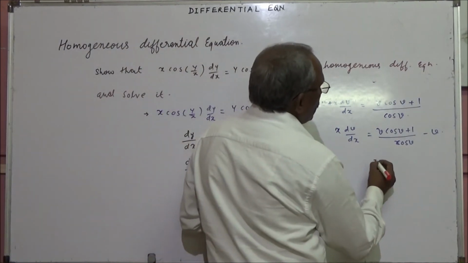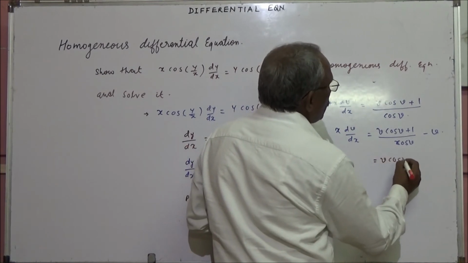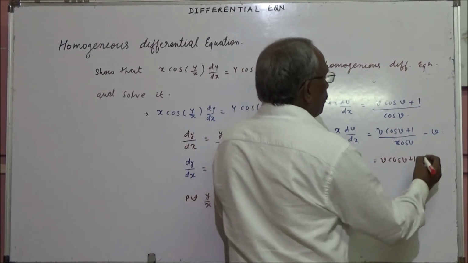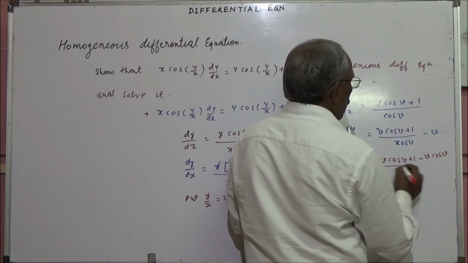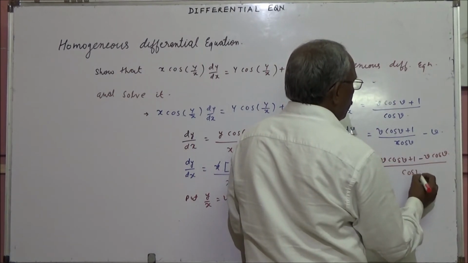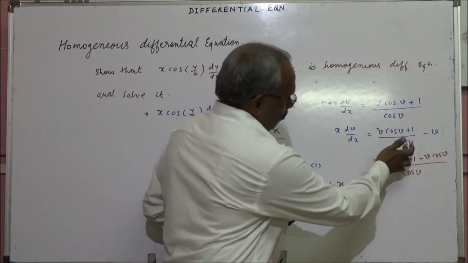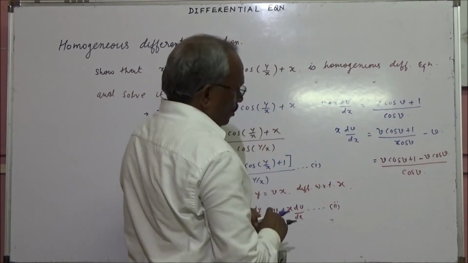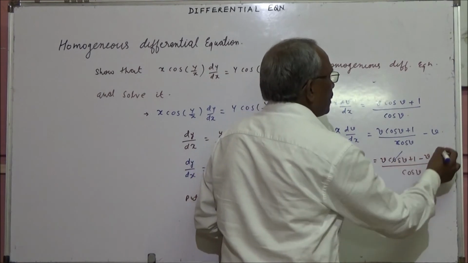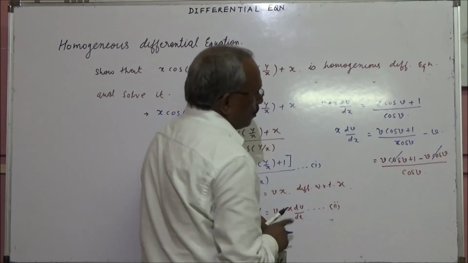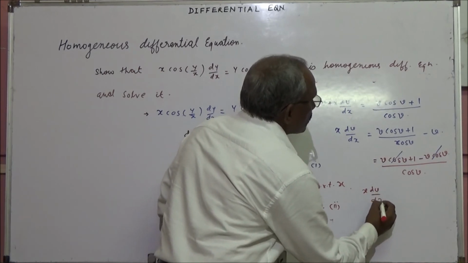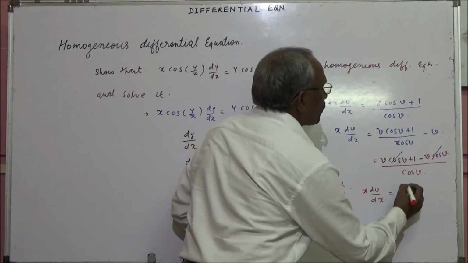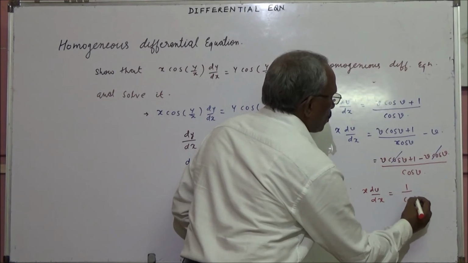So this can be written as v cos v plus 1 minus v cos v upon cos v. So I have multiplied this by v. So I can cancel this now. So I can write this as x dv by dx is equal to 1 upon cos v.